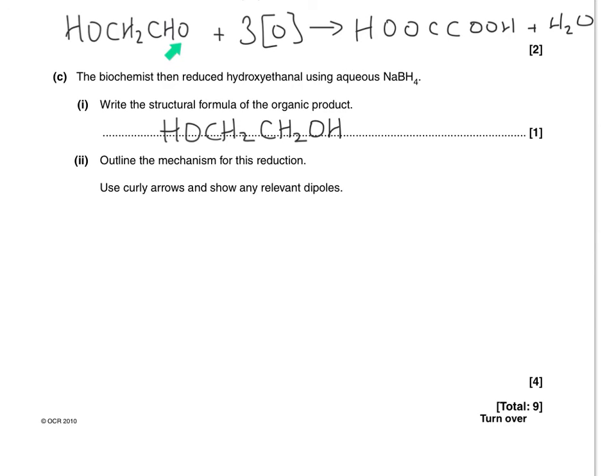So in effect the oxygen sandwich between the 2 new hydrogens. So we just need to show the mechanism now, and we're told to use curly arrows and show any relevant dipoles. So you can see I've already drawn up the hydroxyethanol, and I've put the delta plus on the carbon of the carbonyl and the delta minus on the oxygen. Obviously they are the relevant dipoles.